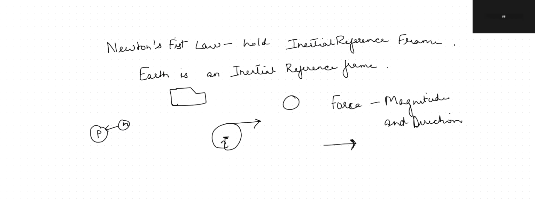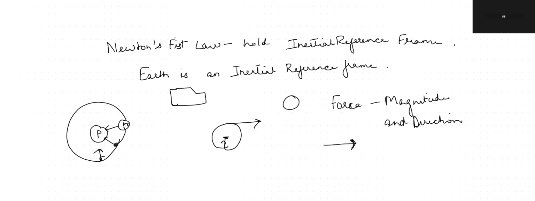So if the planet was not there, it will keep on going in that direction forever and ever. So it has the exact right speed.